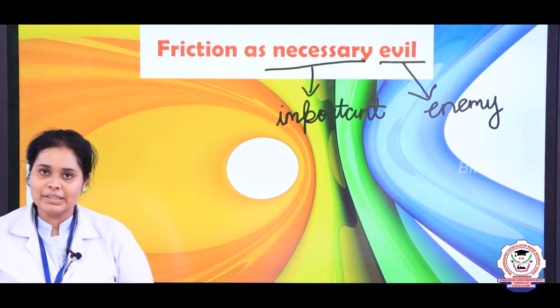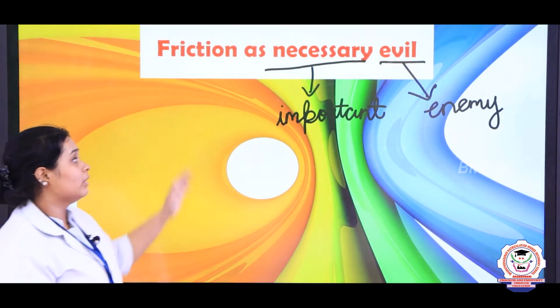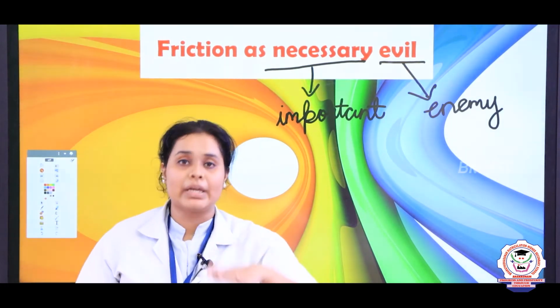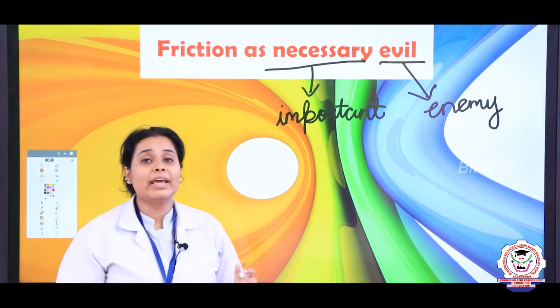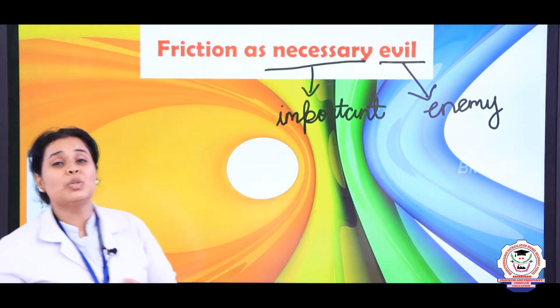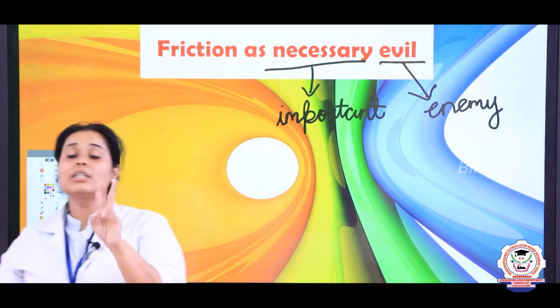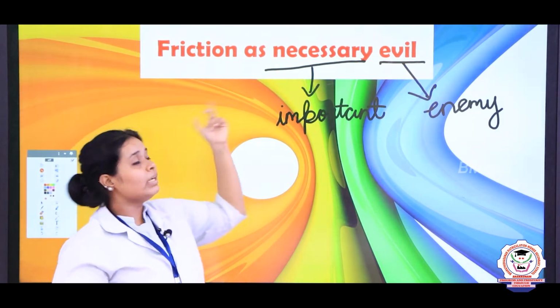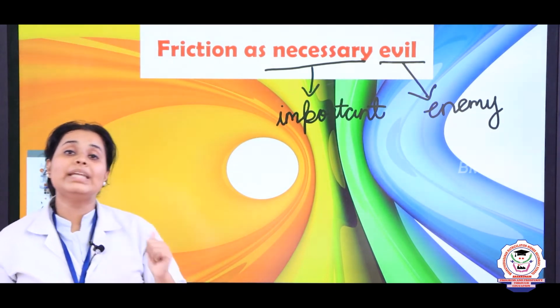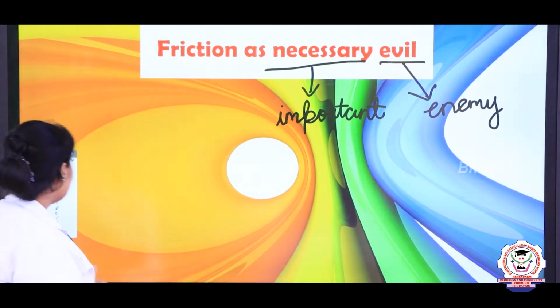Can anyone tell me? Yes. See children, if friction is not there, then we will just keep on slipping. But if friction is there, for the movement we need to put high force. So those are the two reasons why we call friction a necessary evil. Plus, friction is very necessary. Okay children?